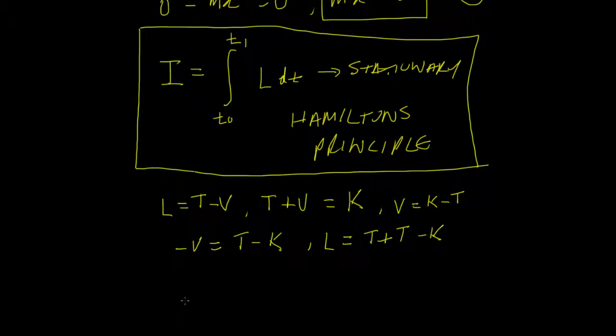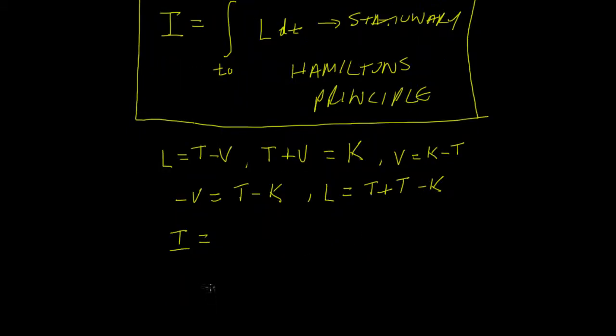So we could say that our value I equals the integral of T plus T, so it's going to be 2 times T, where T is the kinetic energy. Now the minus K is just a constant of integration, so we'll leave that out for now, and again we'll go back to that later.